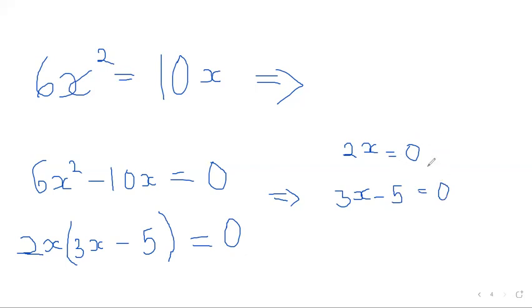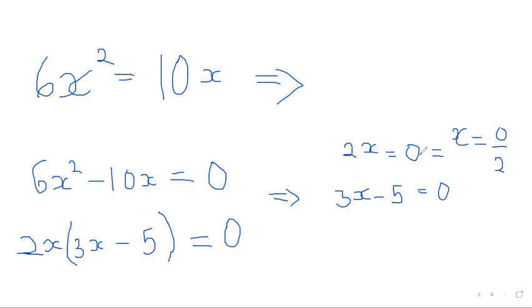If you look at this first one, you will see that this will give me x is equal to 0 divided by 2. If I divide the two sides by 2, I have this.